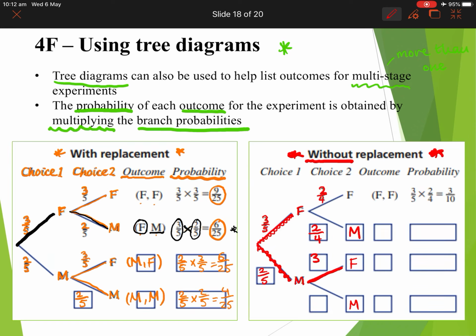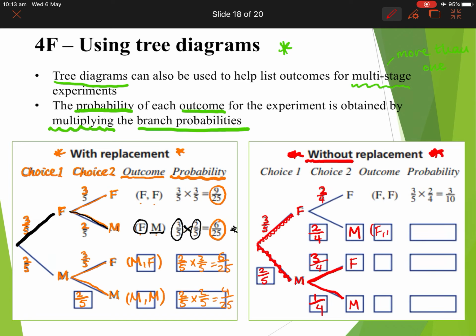So we still have our 3 females, but there's again only 4 people to choose from because you've just taken one of the males away. But underneath, if you were to choose a male after the first male, there were 2 males. You've just chosen one of them, so you only have 1 left to choose from, and you've only got a total of 4 people.